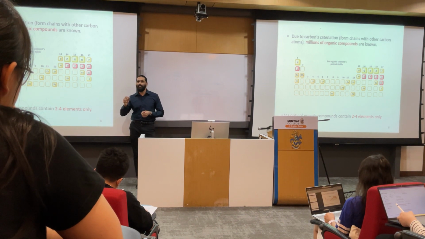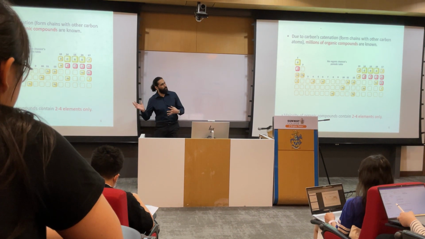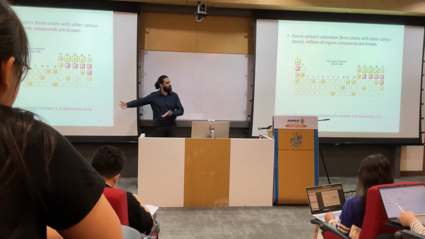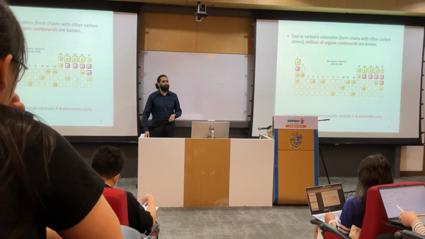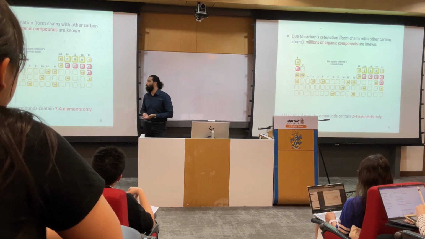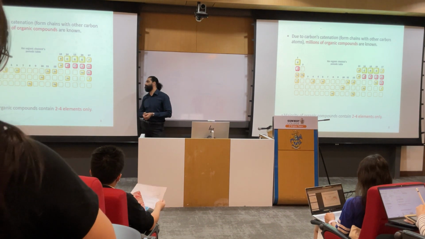C-A-T-E-N-A-T-I-O-N, catenation. So catenation is the property of carbon by which it can form bonds with carbon itself. And there are actually more organic compounds in this world than inorganic compounds.